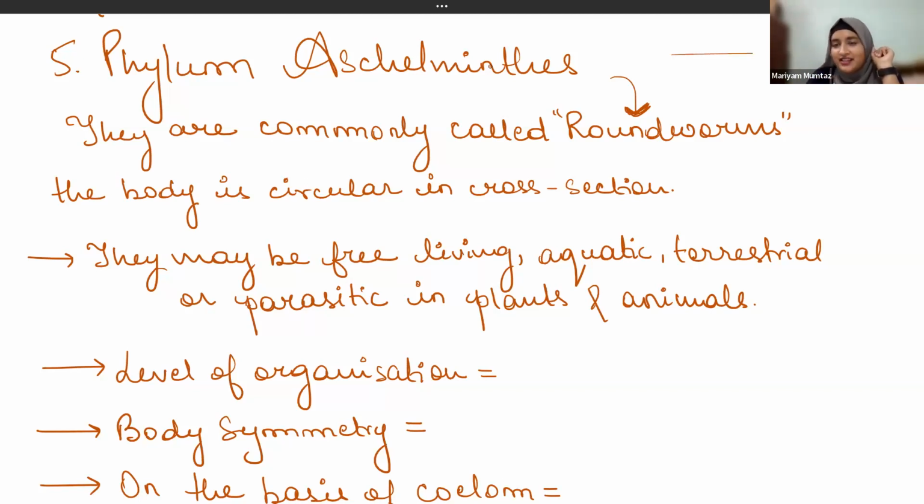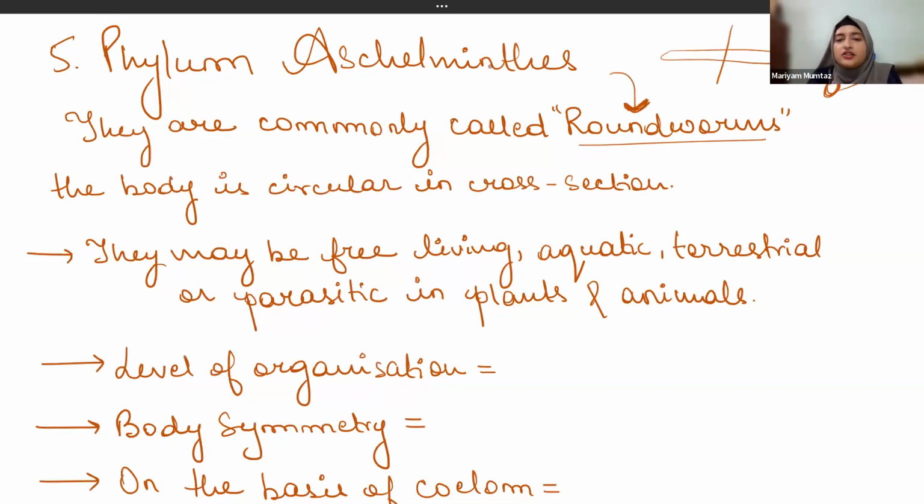Meaning, if this is the worm and you cut it from here, you will have a structure like this. This circular cross section is the reason why they are known as roundworms, because a round cross section is found when you cut the body of the roundworm or the Aschelminthes.